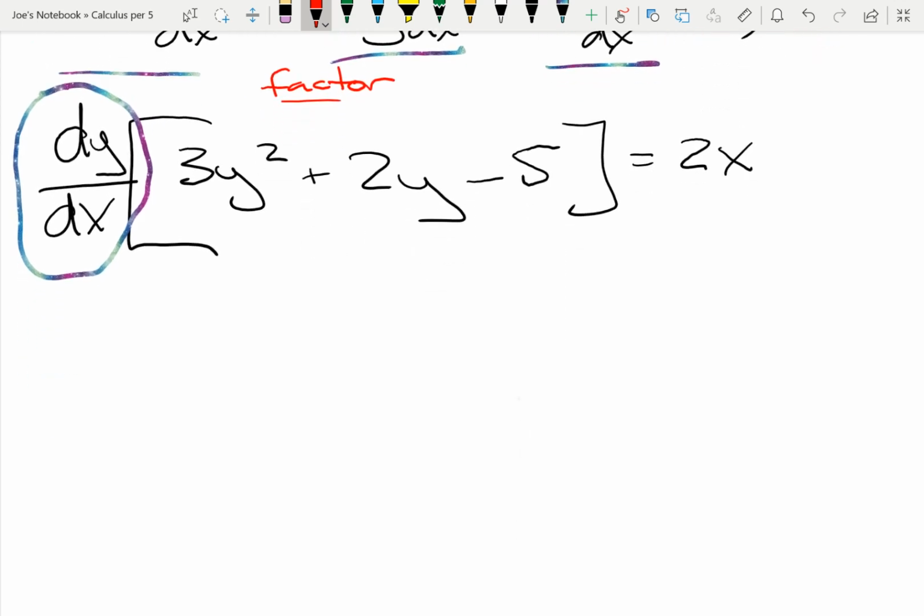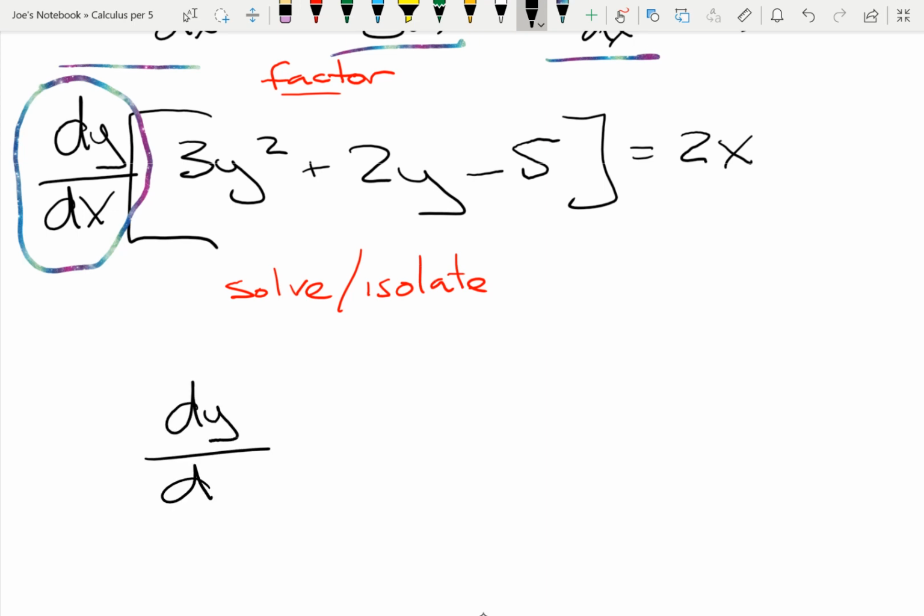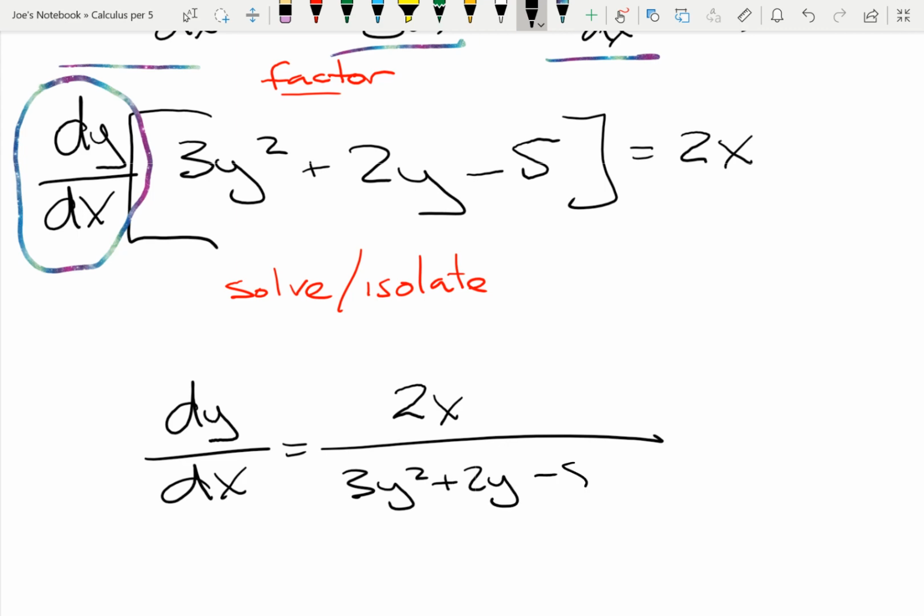Then isolate and rewrite. All I've got to do is divide both sides. So dy/dx is going to be equal to 2x divided by 3y squared plus 2y minus 5.